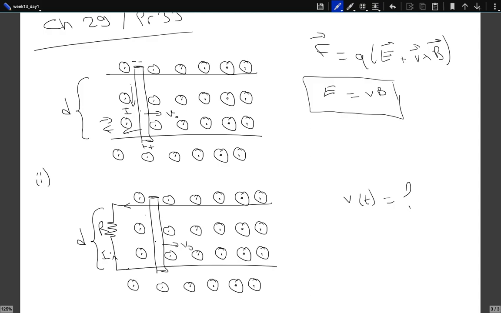Here the charges will not accumulate because they are connected by a wire, by a resistor. So the charges will flow around closing the circuit. Now there will be a force acting on the rod. Again, just like in the previous case, it will try to stop it.